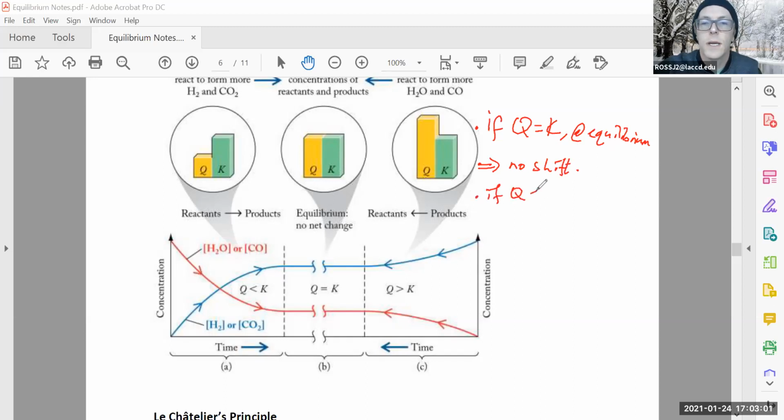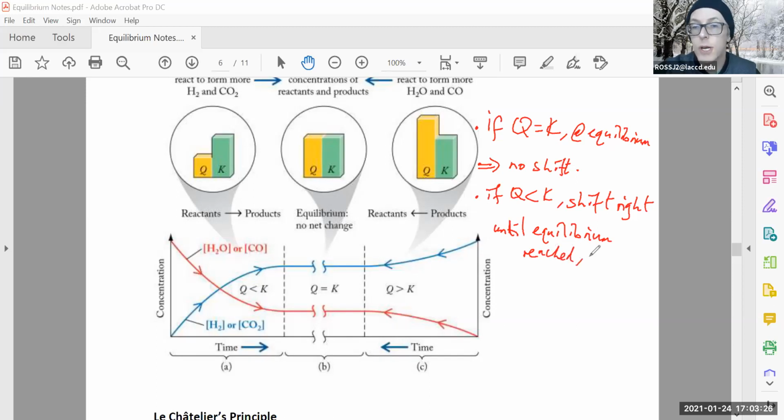If Q is less than K, you would shift right until equilibrium is reached. Then no further shift.